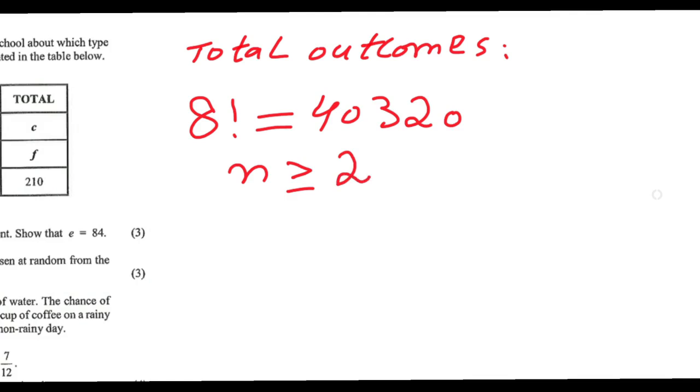So the total number of runners between Andrew and Bongi can range from 0 to 6 because the total is 8.